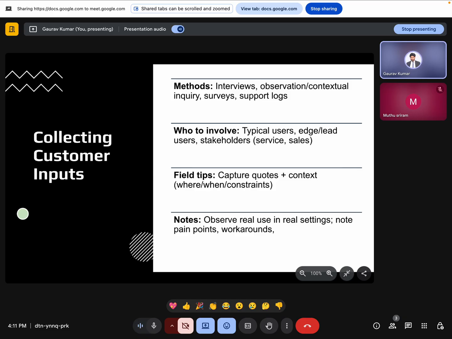Surveys add breadth, and support logs surface recurring pain. I involve typical users to understand mainstream requirements, lead or edge users to surface stress cases and innovation opportunities, and stakeholders such as service and sales.